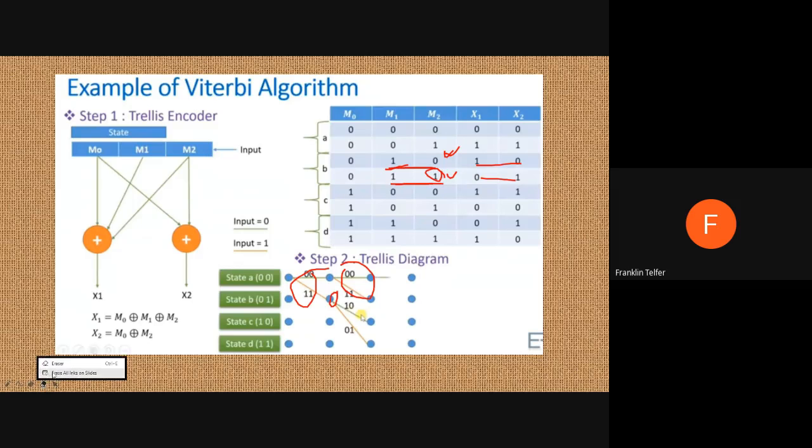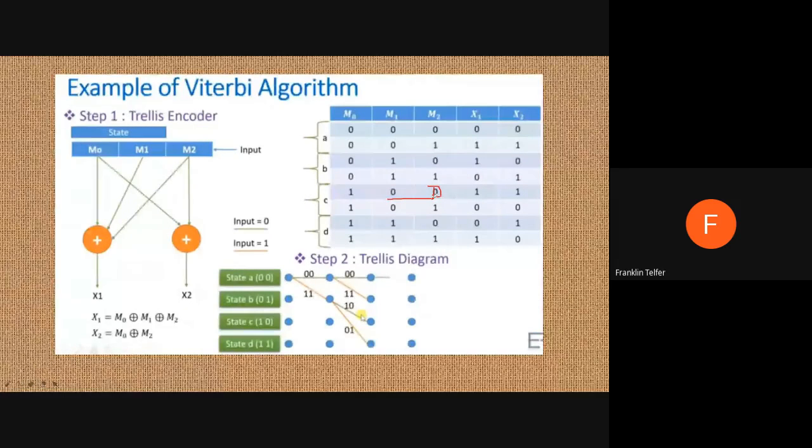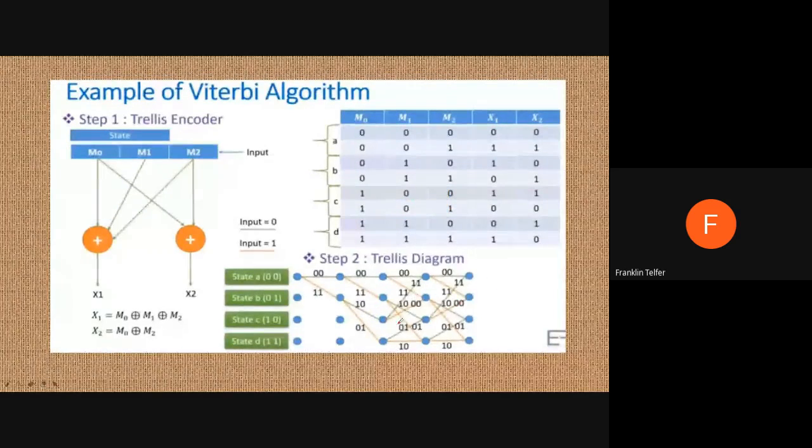Or else I can say, on the next diagram, for the input, for example, C: for 0, it is going to 0 0. 0 0 is A, right? Or under the input of 1, it is going to 0 1. 0 1 is nothing but B. So I'll show it on the next diagram.